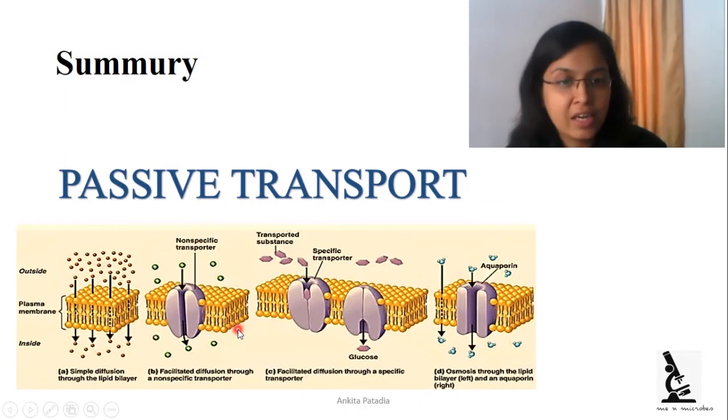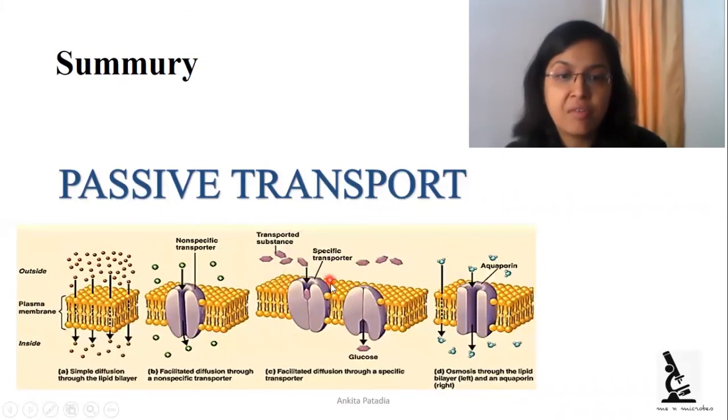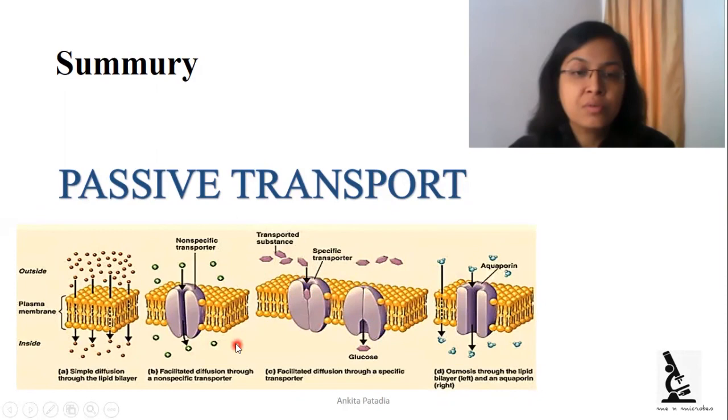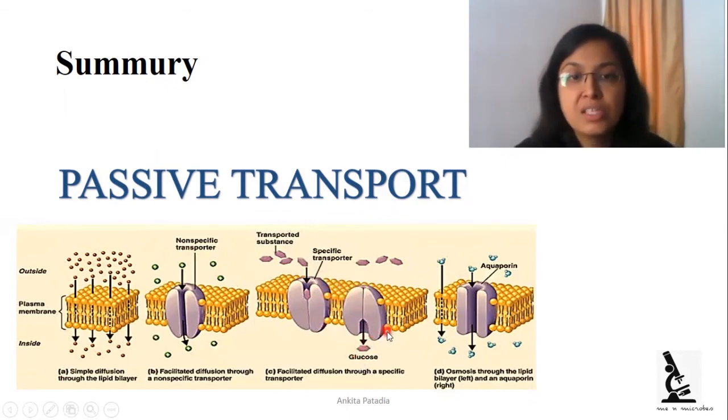No energy is required, and this is also a reversible reaction. And in picture C, we can see a specific transporter or specific carrier molecule, which allows only specific molecules to come inside. Different molecules are there, but only specific molecules are allowed inside the cell. Here the energy is not required.